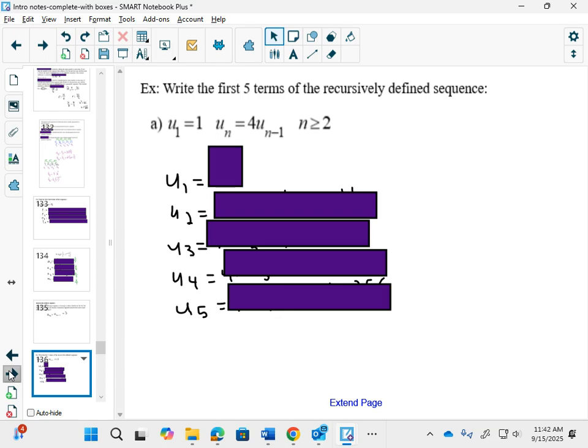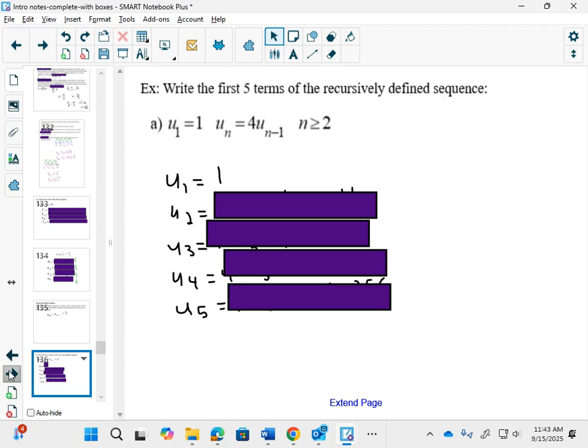So here, this is saying the first 5 terms, the first one is 1. You can find any other one you want by taking 4 times the previous one. This formula works when n is bigger than or equal to 2. So if I want to find u1, I can't use the formula. That's why u1 was given to us.